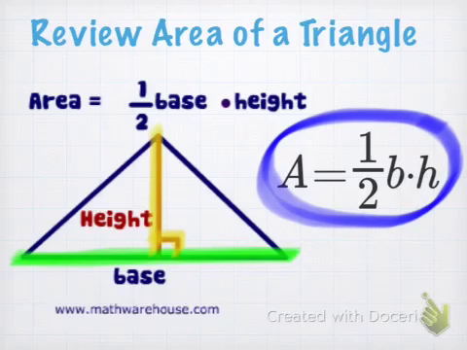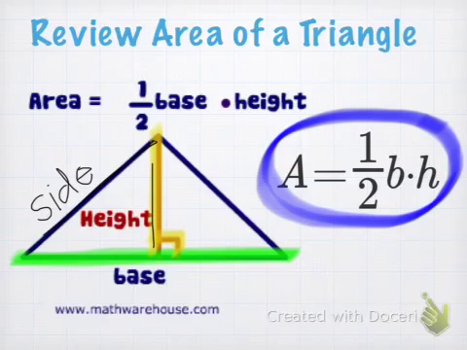Do be aware that some questions may give you the length of the side, and that is actually kind of a way of trying to trick you. You don't need that information. In fact, that length is going to be a lot longer than the length of the actual height. So you want to make sure that you're looking at the corner, kind of where it meets.